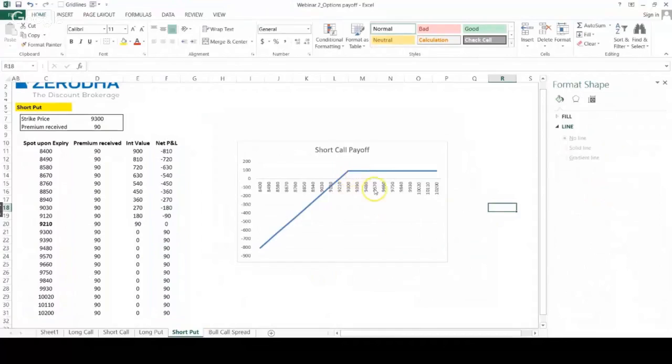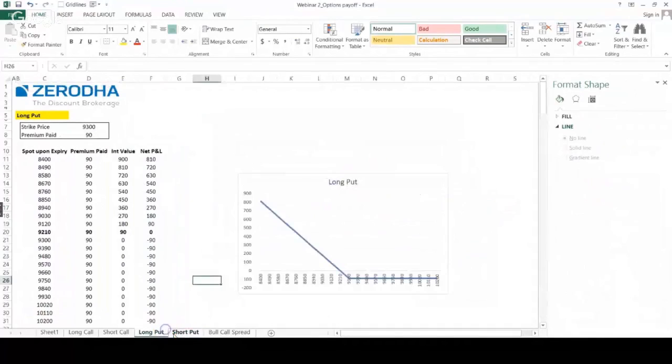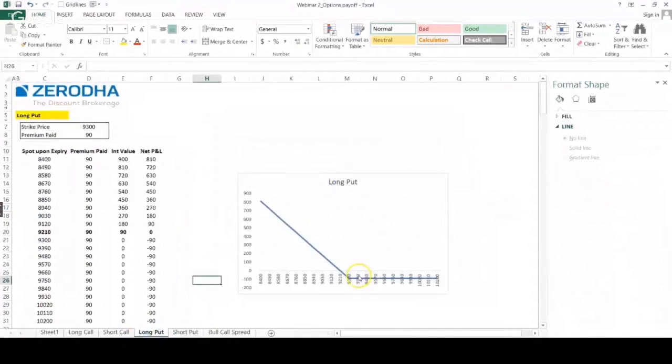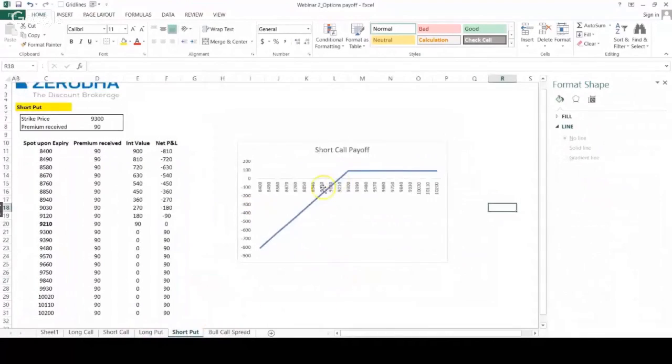So the dynamics of this graph and this graph are exactly the same, except that they are opposite in nature. So the maximum profit that I receive here is to the extent of the premium that I've received, which is the exact opposite here. And as you can see, there is an unlimited profit potential, and here there is an unlimited loss potential, right?